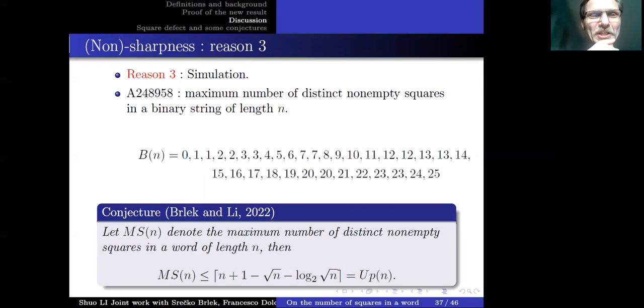Then the conjecture, which is supported to some extent by direct computation, is that all squares in this word are binary. So the word itself is K-ary, but if it contains the maximum number of squares among K-ary words, then all squares are binary. So each square is binary or unary, of course.